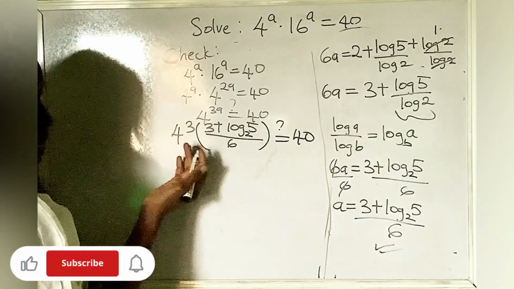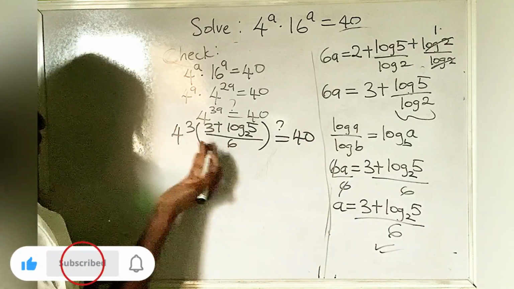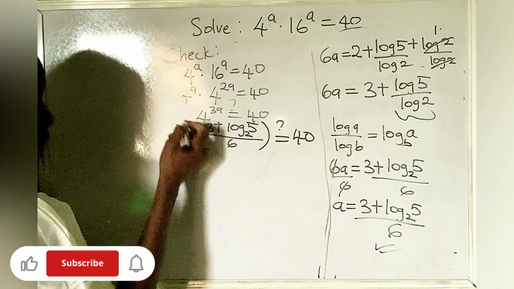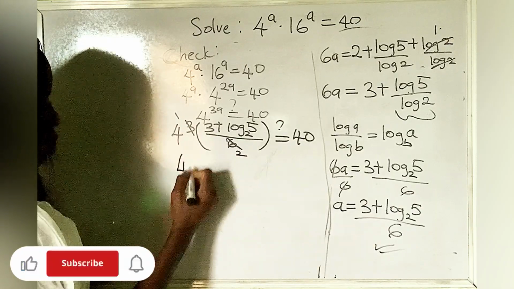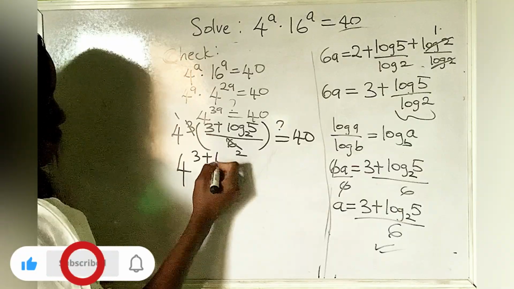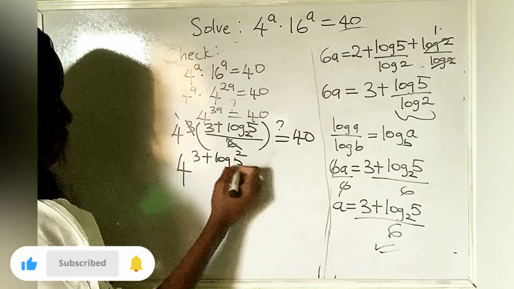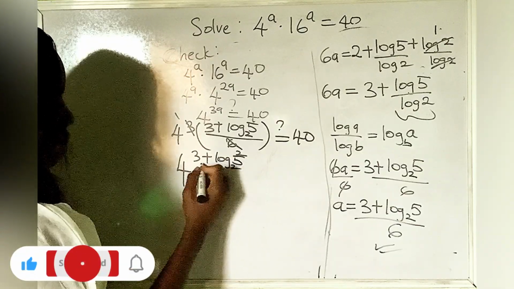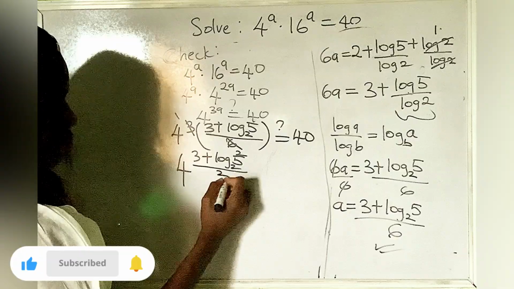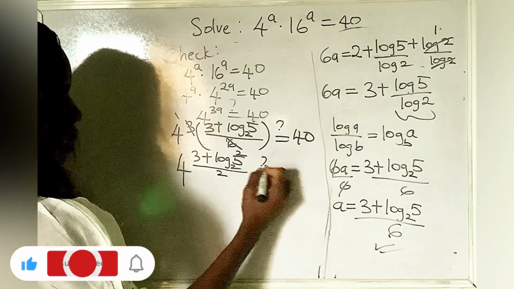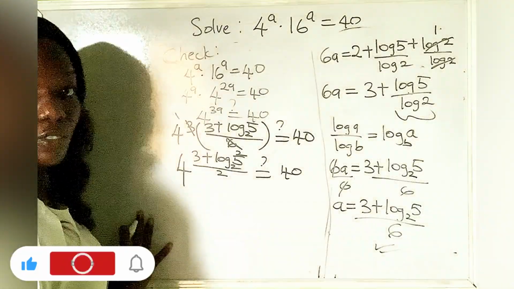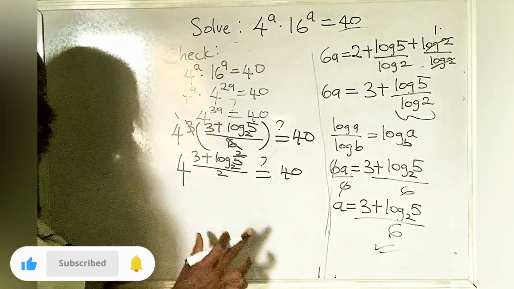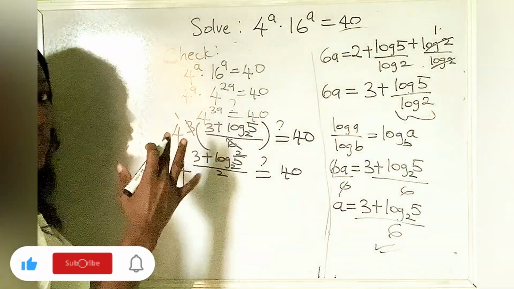So now we can see that this power can simplify the 6. So 3 here 1, 3 here 2. So we have 4 raised to power 3 plus log 5 base 2 all over 2. Is it equal to 40? Now, we said something earlier in the video that when you have a logarithm rule of addition, it becomes multiplication.